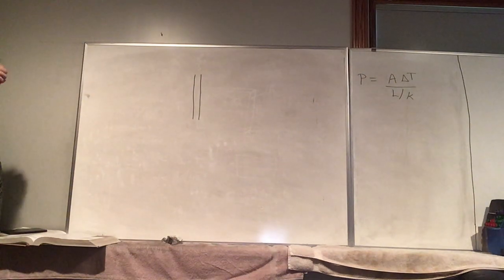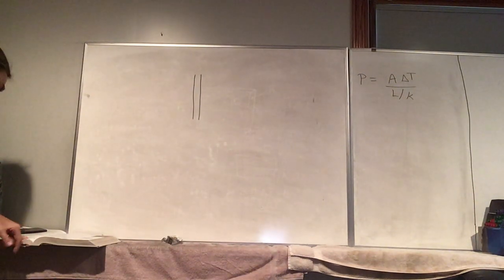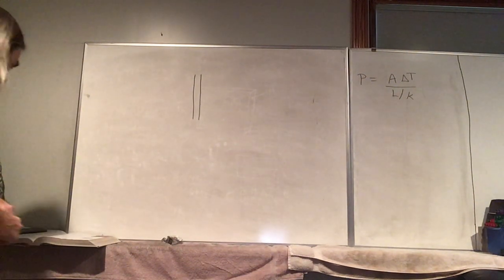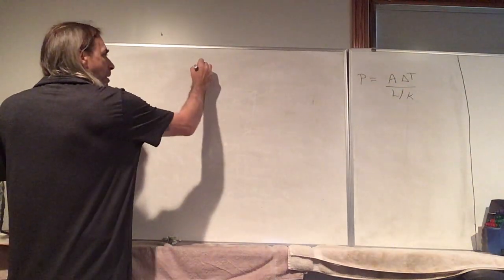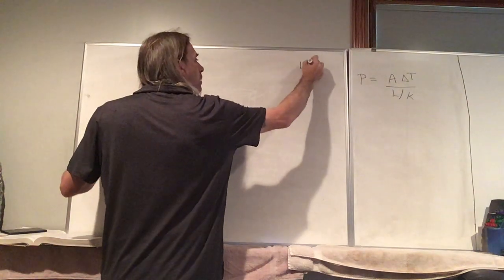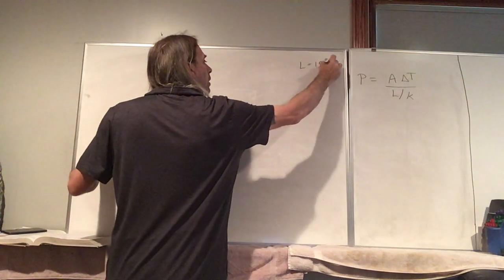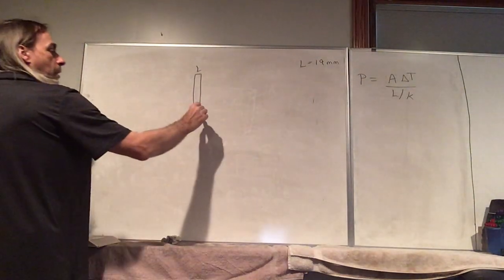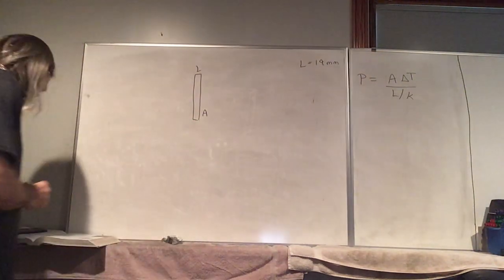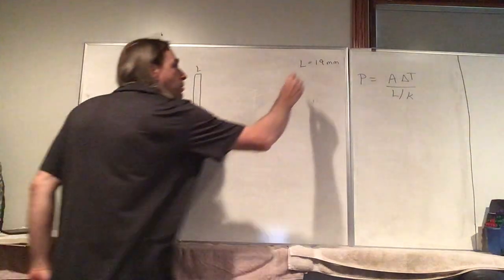It's a 19 millimeter thick layer of plywood. And the area of the wall is 35 square meters.